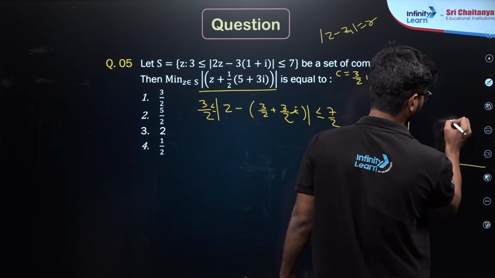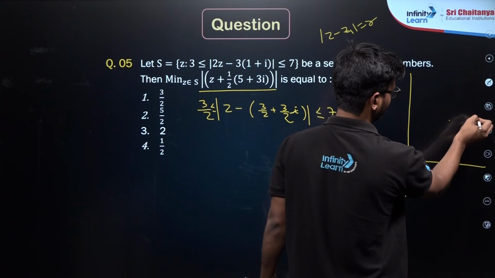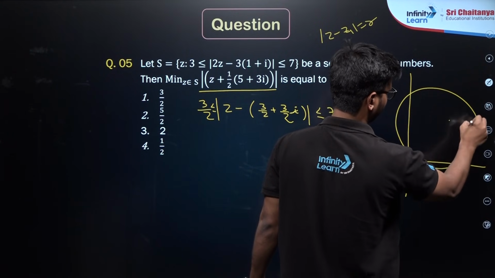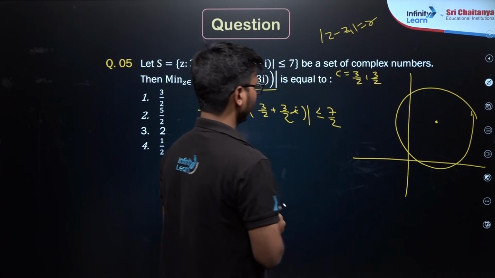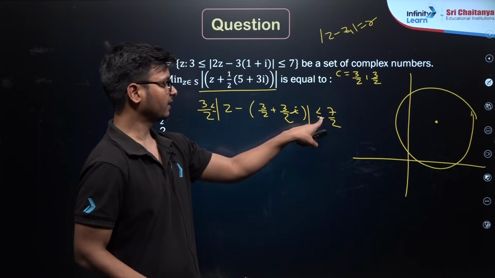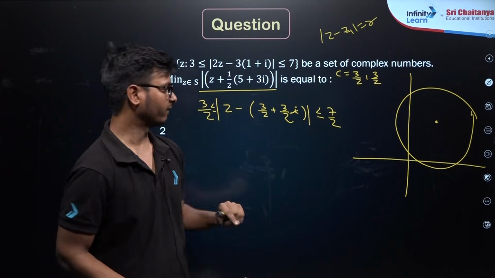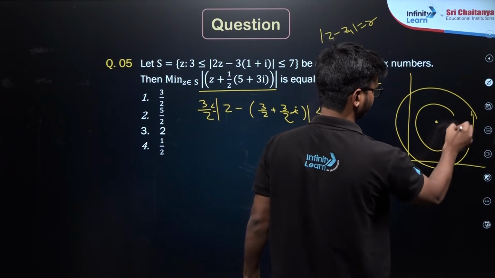So here is the point. Okay, let me draw the circle. So I am drawing the rough figure. This is my circle with center, sorry, the center is 3 by 2 and 3 by 2, and the radius is 7 by 2, that is nothing but 3.5. And the smaller circle is going to look like this.